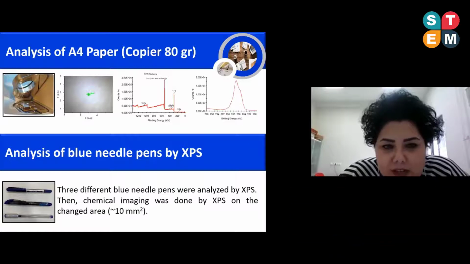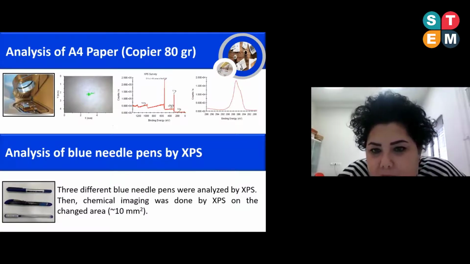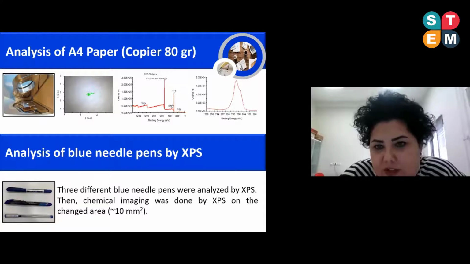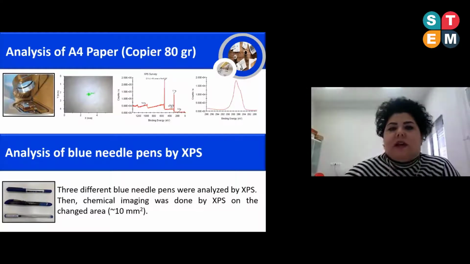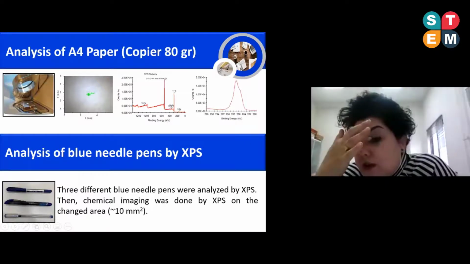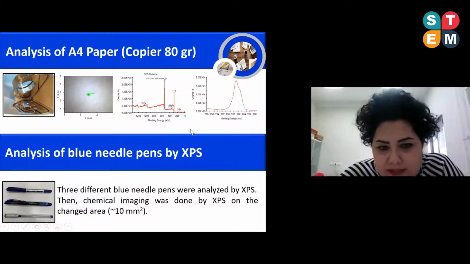We have just analyzed the regular paper, and we have seen that it contains carbon, nitrogen, oxygen, sulfur, and calcium along with sodium in its structure. And take a look at this. This is the carbon partial spectrum of the regular paper. We have done this in order to eliminate the background signals.